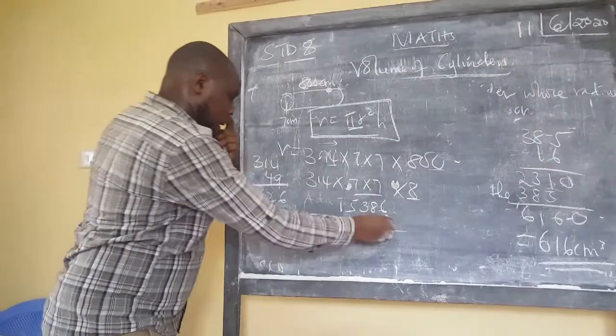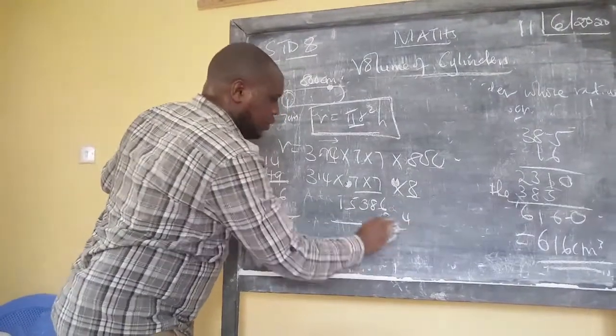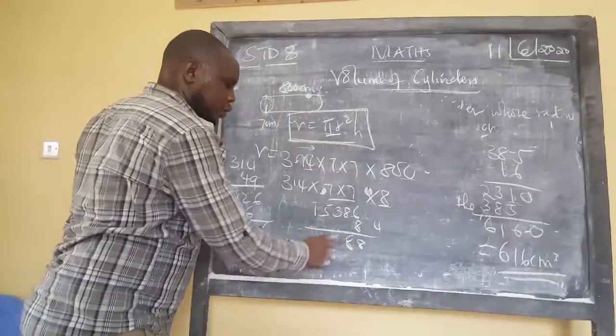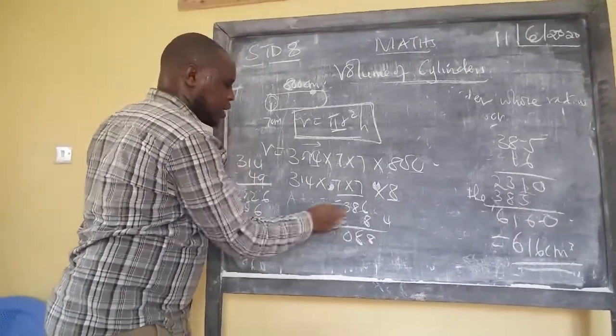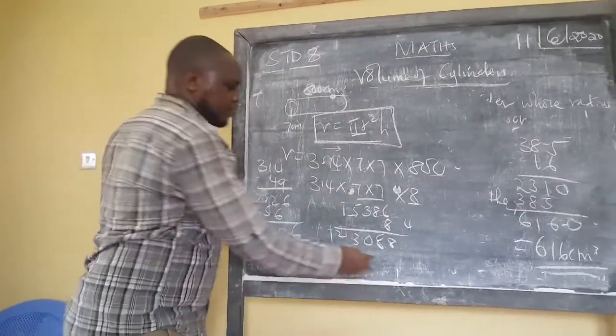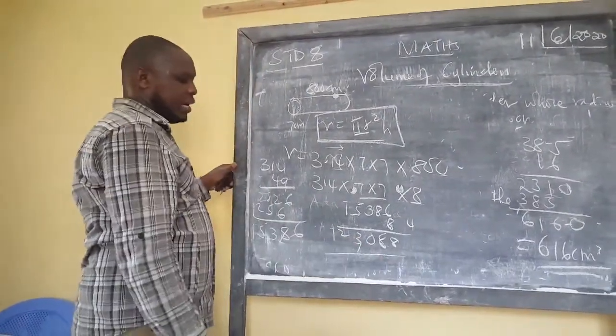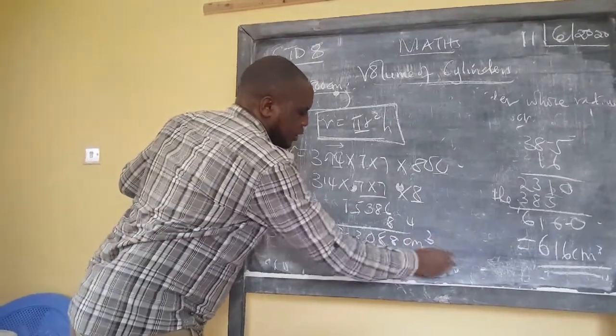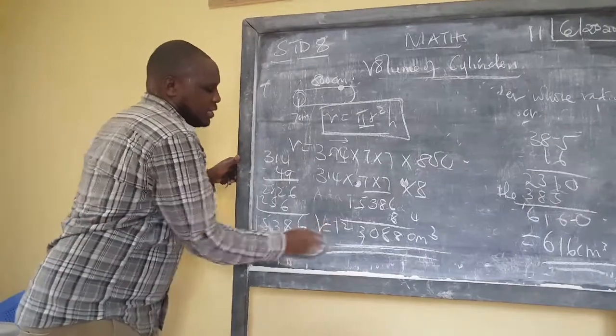That will give you 48 carry 4, 64, 68 carry 6. This is 24. 24 plus 6 is 30, carry 3, 40, 43, carry 4, and this will give you 12. So we don't have decimal places, so that will give you 123,088 centimeters cubed. So that will be our volume in that case.